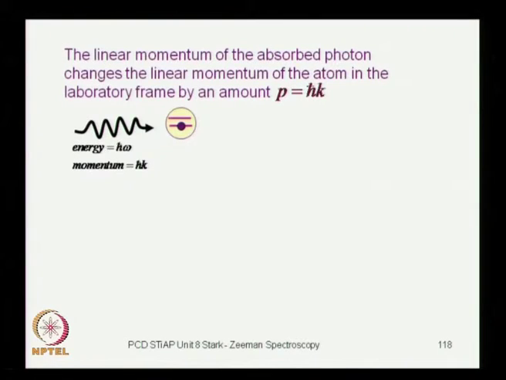This is where the change in velocity of the atom will result. Let us see how this process actually takes place.